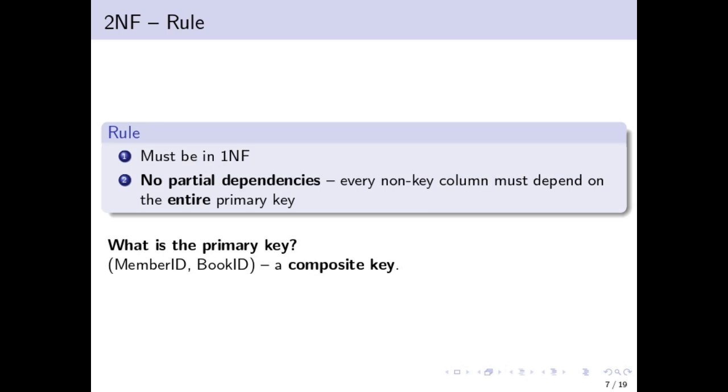In that case, every non-key column must depend entirely on the primary key. So to identify a student uniquely, every data about the student must be associated only with a key value, that is his or her register number, rather than any other value. So here in this example for us, member ID and book ID are a composite key.